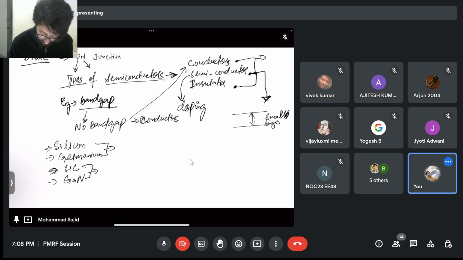It is just for information: these semiconductors have a particular band gap which helps the device conduct. In PN junctions, we usually study silicon junctions, right?